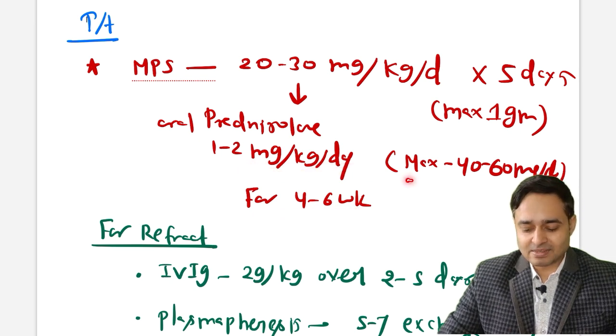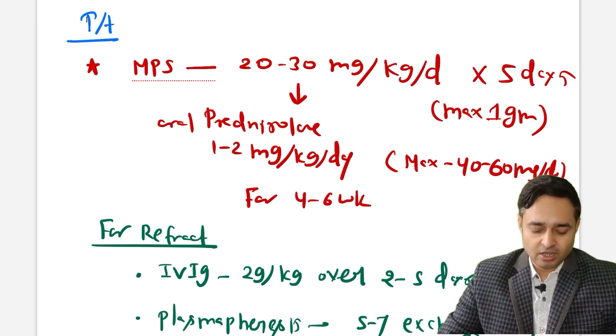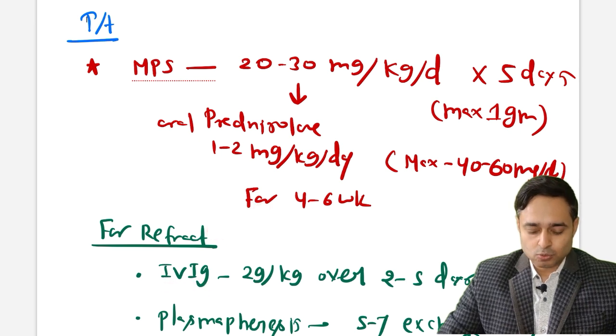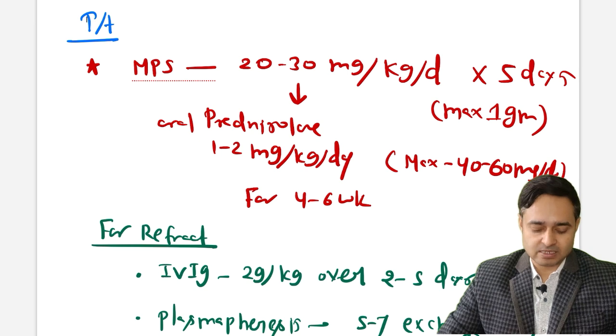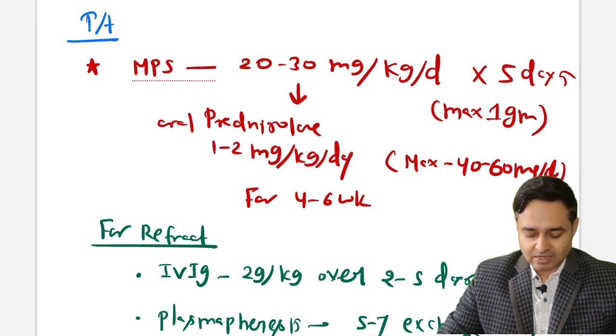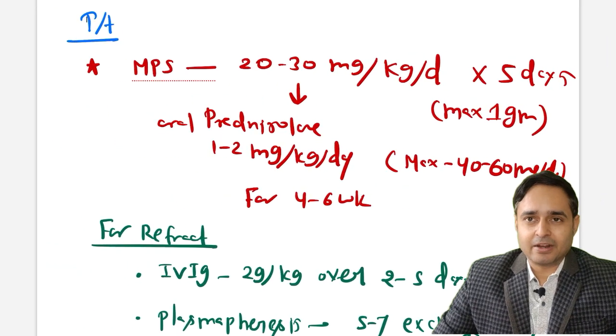Again, maximum is 40 to 60 milligram per day. So this dosing of methylprednisolone is very important. For refractory cases, IVIG 2 gram per kg over 2 to 5 days, and plasmapheresis is sometimes needed, 5 to 7 exchanges every other day. So this is ADEM for you.